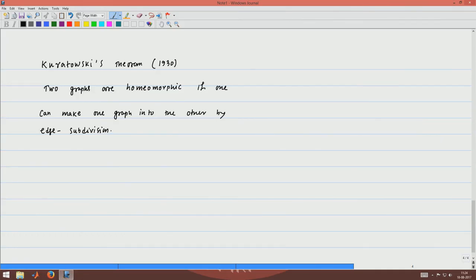Okay, so we know what is edge subdivision. So these two graphs are homeomorphic because I can get this graph from this graph by subdividing this edge, right.